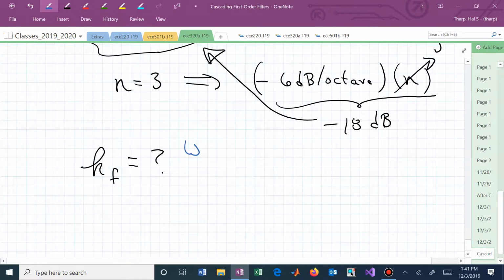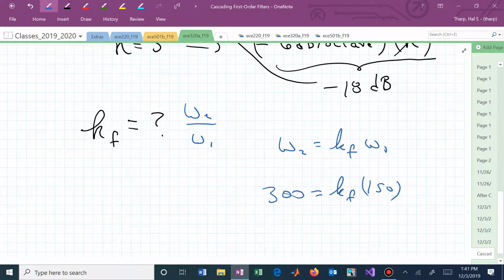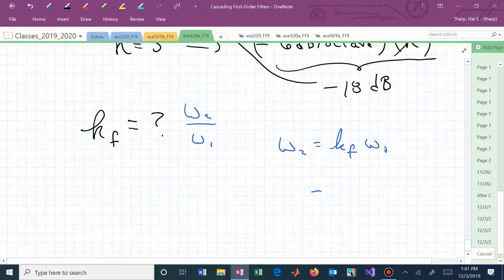Wasn't that omega sub 2 over omega 1? Or was it omega, however you remembered it? Was it that? Oh, well, this was 300, and this was 150. Is that right? No. What's omega 1?